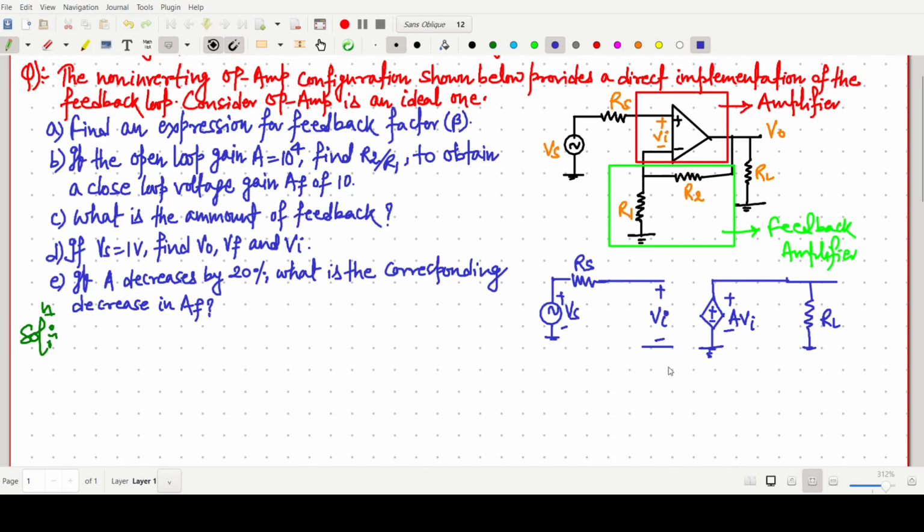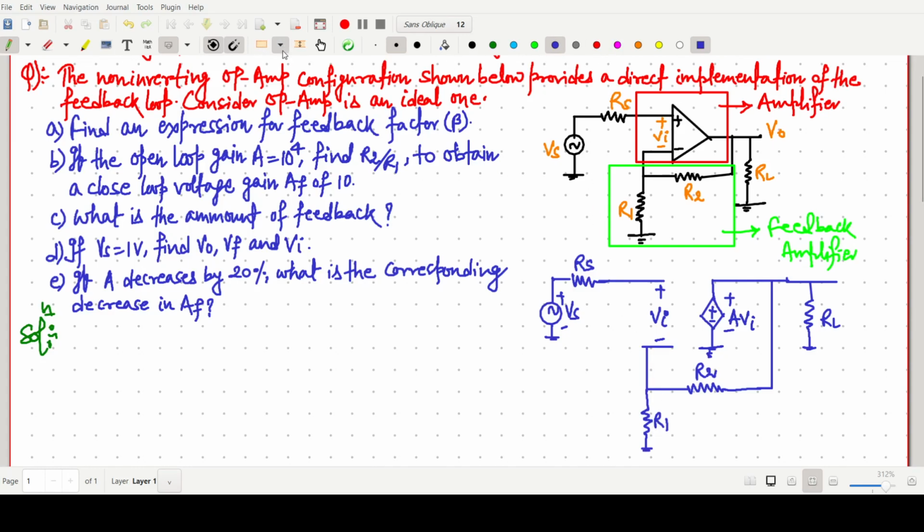From the inverting terminal, R2 is connected to the output of the amplifier, and this one can be R1.